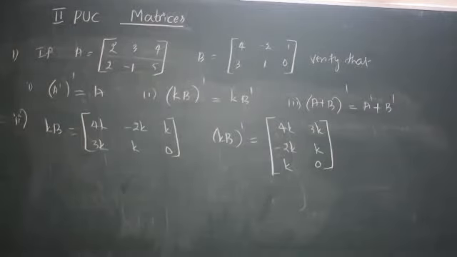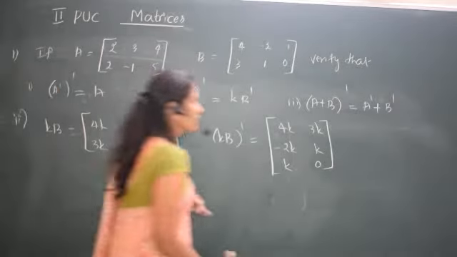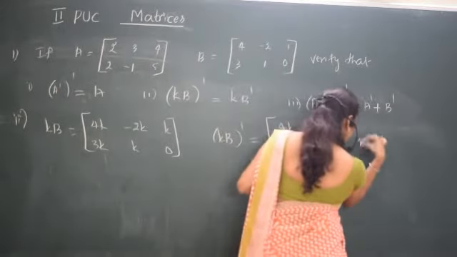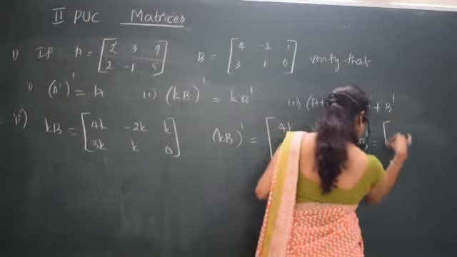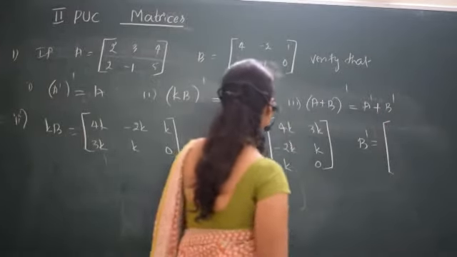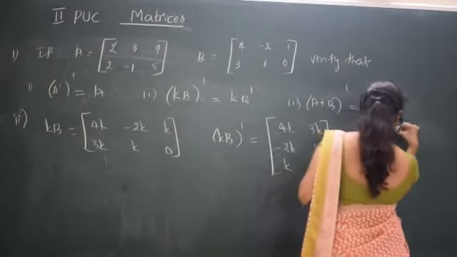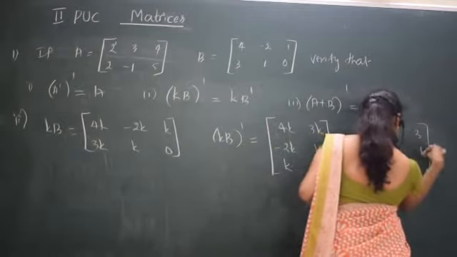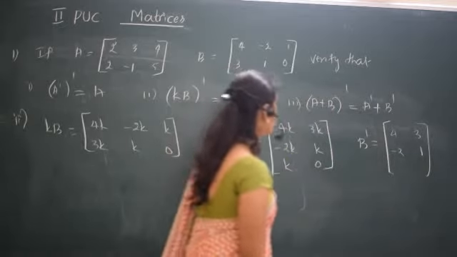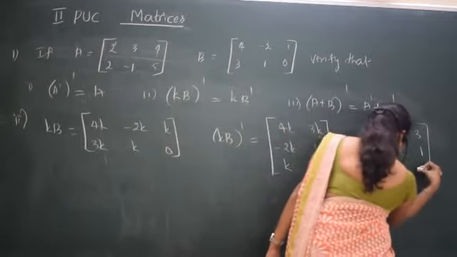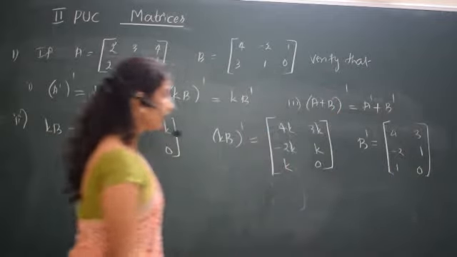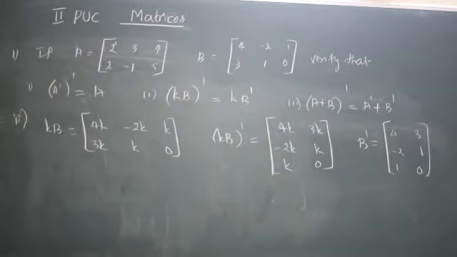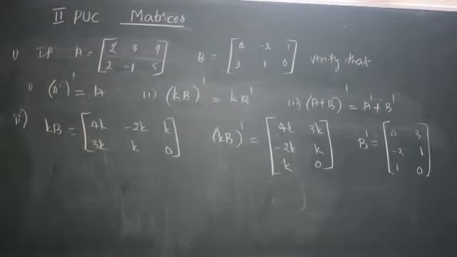Next we have to write K into B transpose. Before that we can write B transpose. B transpose is again a 3 by 2 matrix: 4, 3, minus 2, 1, then 1, 0. So that is B transpose. Next we have to write what is K into B transpose.